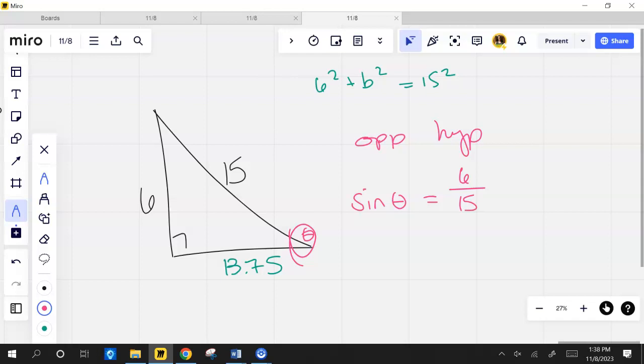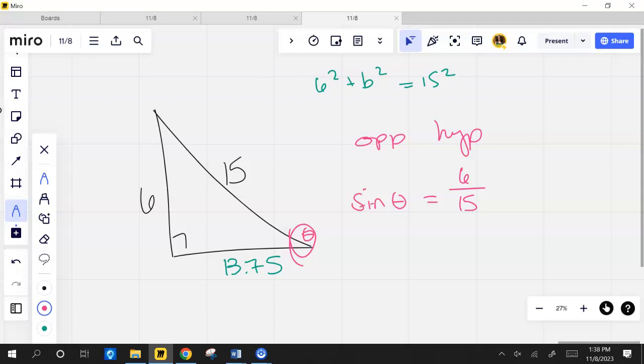Now, here's the question. How do I solve this for theta? And this is really easy. If you look at your calculator, look at the sine, cosine, and tangent on your calculator. You see right above it, it says sine -1, cosine -1, tangent -1. Those are inverses. Inverses are going to cancel it out. You know how if you do the same thing to both sides, it cancels out?